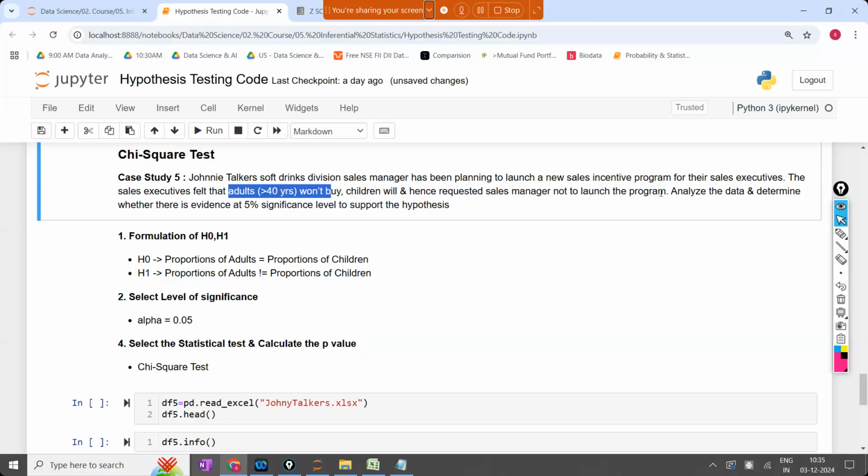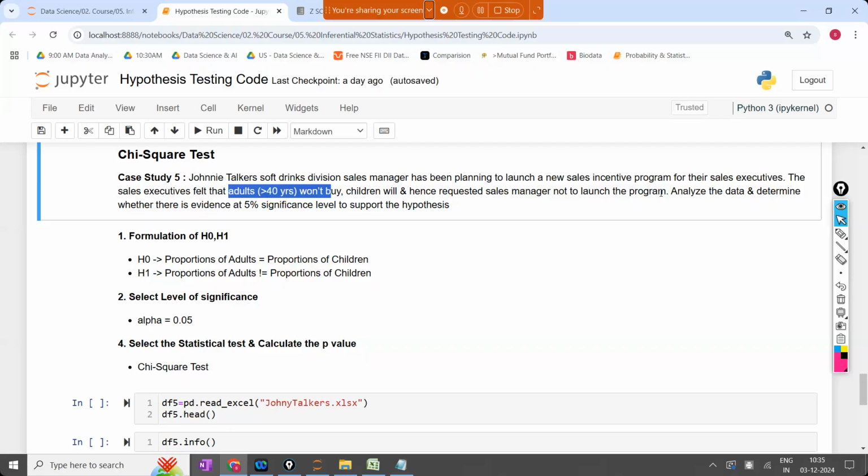A normal target we can do, but a high target, because of the items you observe in the market, for example biscuits or chocolates, which are of more interest to children, there the sales will be comparatively less when compared to wines.